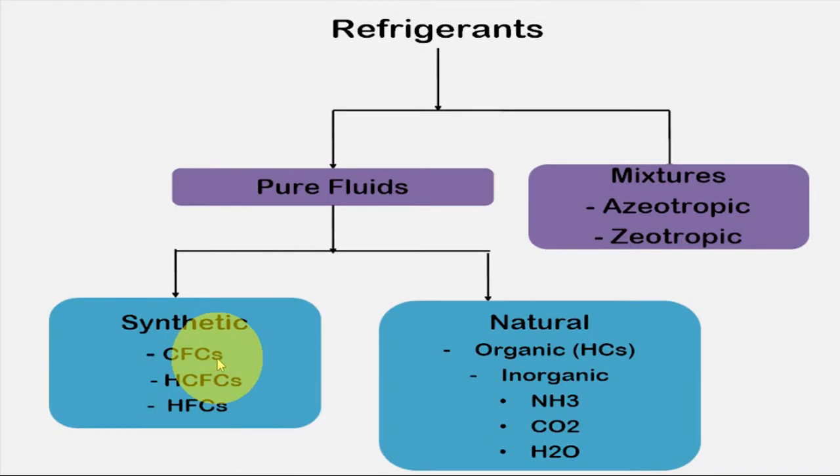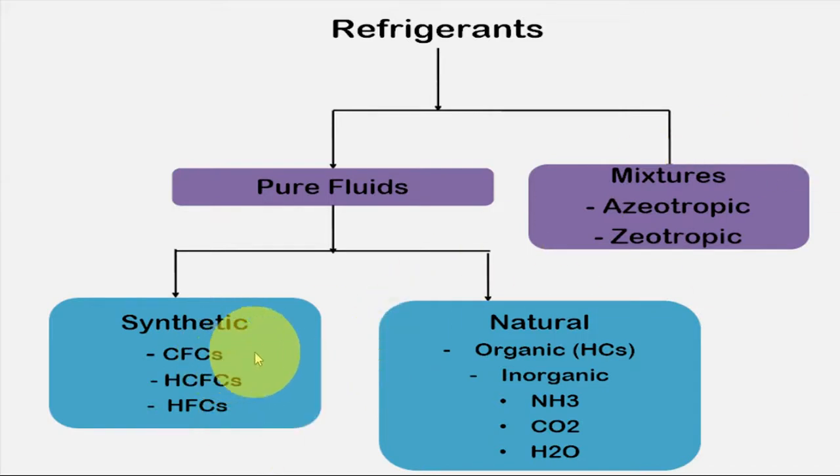This chlorofluorocarbon like R11, R12 consists of chlorine molecules, which are responsible for ozone depletion. HCFC also consists of some chlorine and is responsible for ozone layer depletion and global warming. HFC is not responsible for ozone depletion but is responsible for global warming.